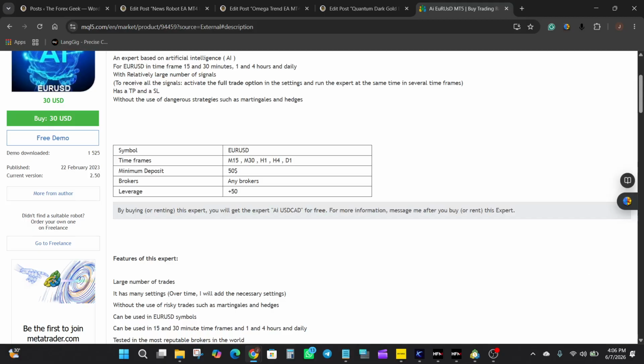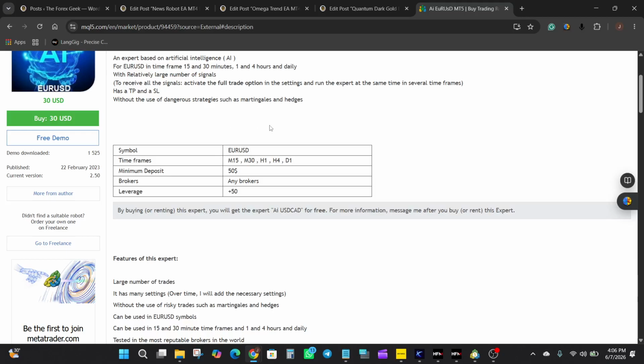As I continue through the product description, one of the main points highlighted is that the EA generates a relatively large number of trading signals. The developer also states that the system includes both take profit and stop loss functionality and does not use martingale or hedging strategies.